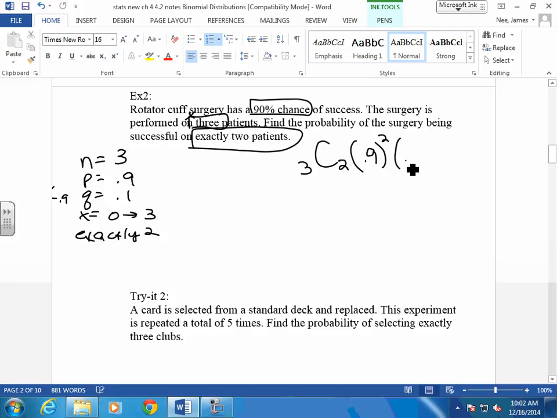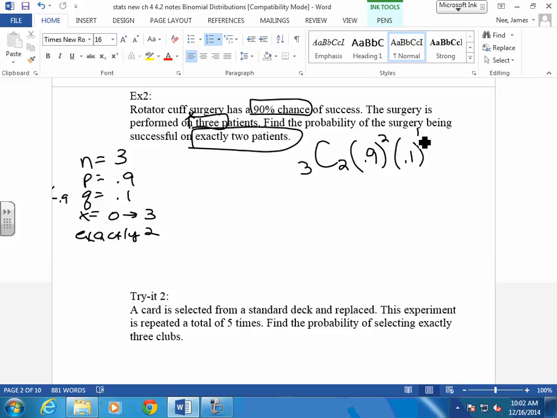Your probability of failure, you want 3 minus 2, 1. These exponents have to add up to n, because it tells us how many successes, how many failures we want, which has to add up to n, the total number of times. The probability of success, always measure your success first, then your failure.